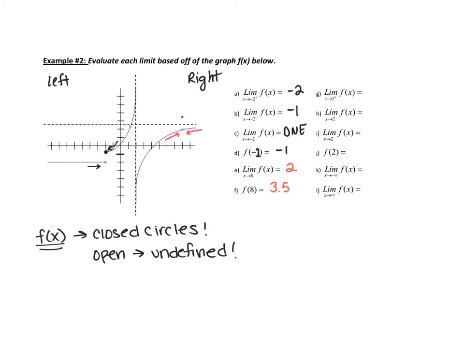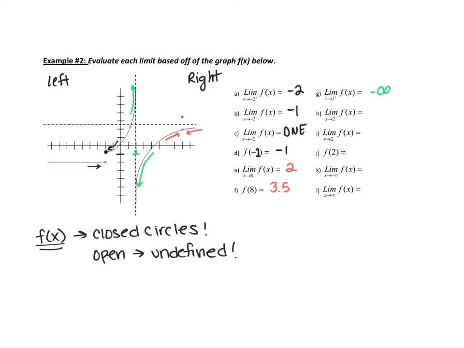All right, let's try G. The limit as x approaches 2 from the right. So here's 2. We're on the asymptote. So from the right, if this is x equals 2, from the right is going down. From the left is going up. So from the right, if it's going down here, we say that goes down to -infinity.